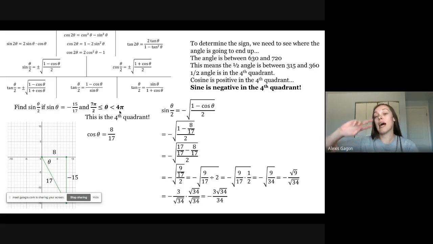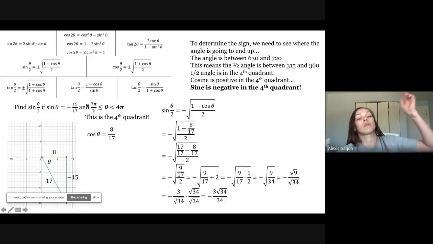So that means our half angle would actually be in the second quadrant. So sine would actually be positive and cosine would be negative. So when you're given this, I would always do this right here to determine the half angle. It's not always going to work that like we start in the fourth quadrant. You most of the time won't end in the fourth quadrant. That was only because this had gone around the circle 2 times.